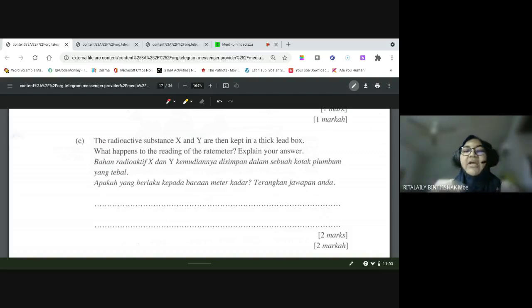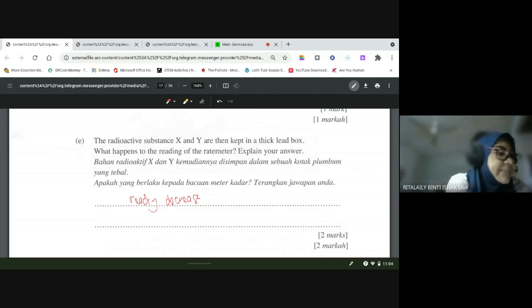So, reading decrease. 2 markah. So, apa explanation? Itu markah pertama. Kita tunjukkan bacaan reading decrease.